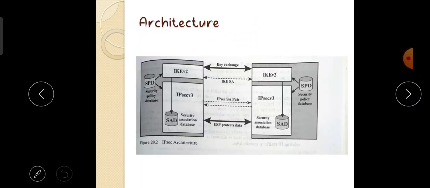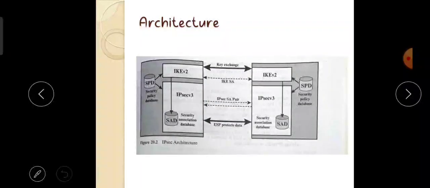Architecture of IP security. The figure illustrates the relationship of the two databases. Here we can see IKE. It is the collection of documents describing the key management scheme for use with IP security.